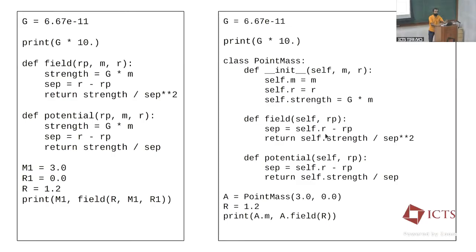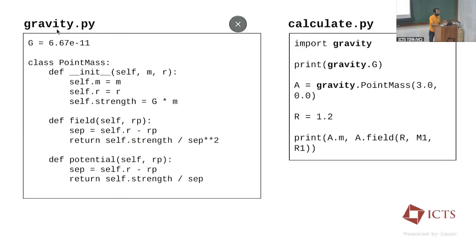Now, the next order thing is, this would be the script you are running, right? You use Python, whatever this file's name is, .py. But you could offload just this part into a different script called gravity.py, which just contains whatever global variables that file needs and the class which does the calculations.